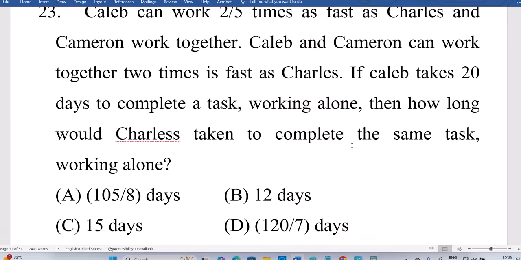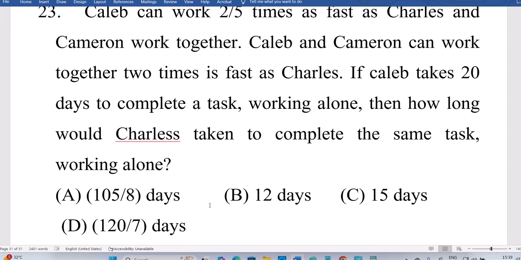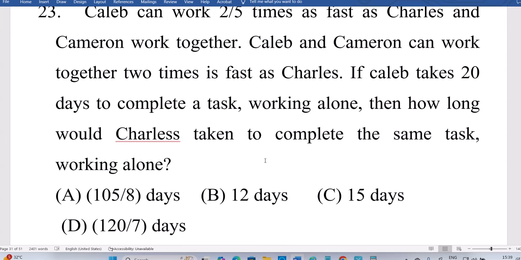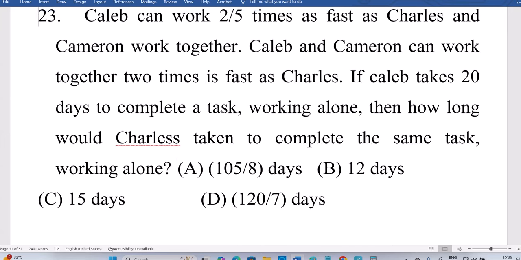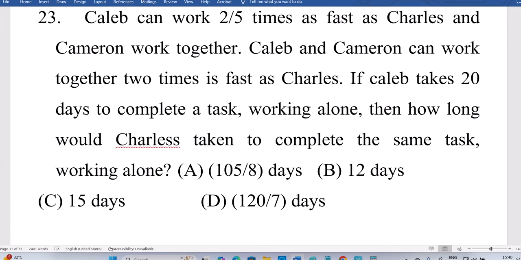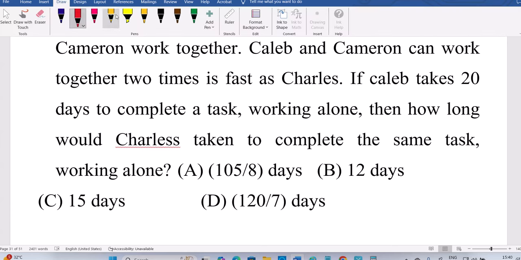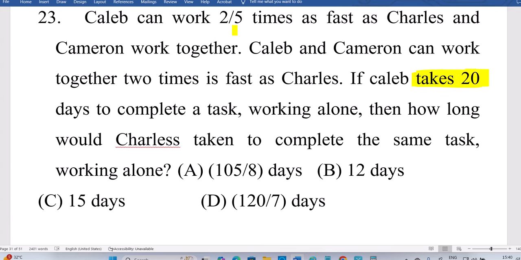This question, please be careful. In exam, if they give this question for you, they are giving the same question, but as I mentioned, they are changing the values. What are they changing, sir? Here, in third line, Caleb takes how many days?